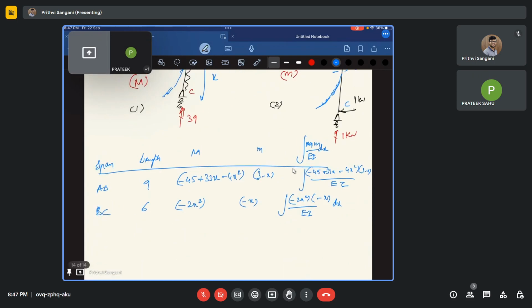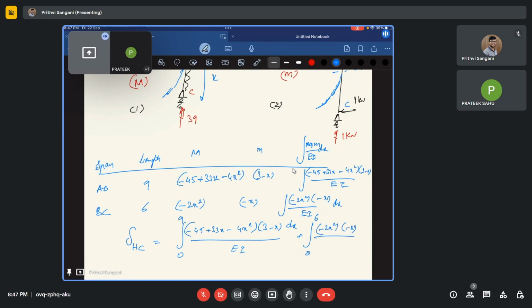Okay. Now your actual delta horizontal at C is going to be minus 45 plus 33x minus 4x square times minus x dx by EI, 0 to 9, plus 0 to 6 minus 2x square minus x, again that will be plus.